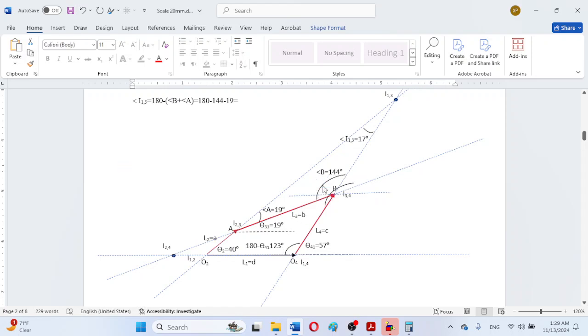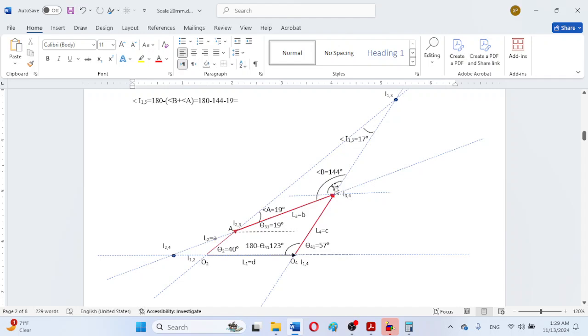We can, for example, just copy this arc and resize it just to show the corresponding angle here, like this.